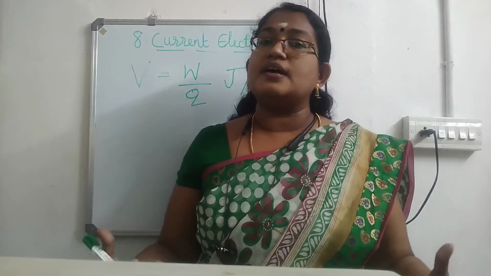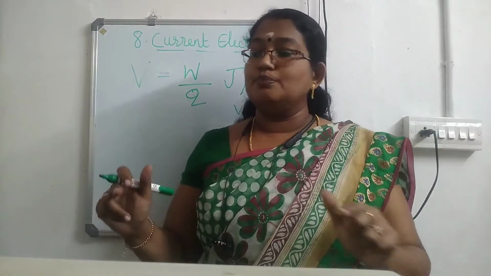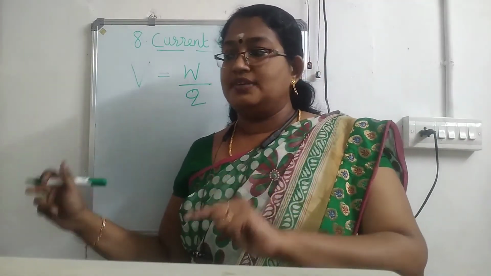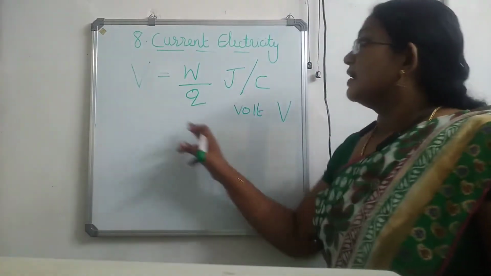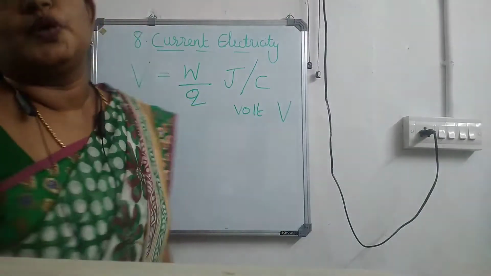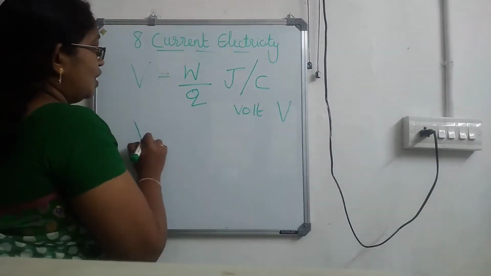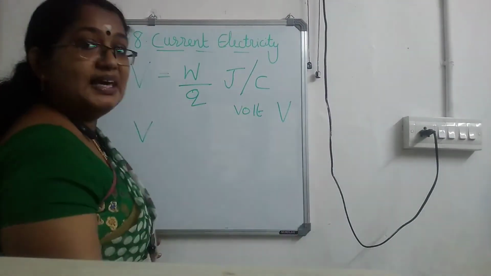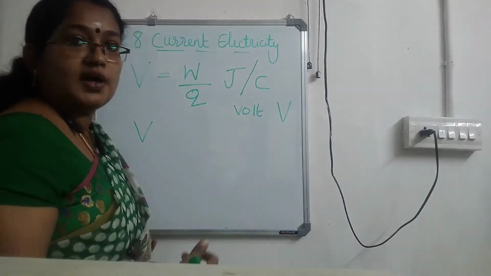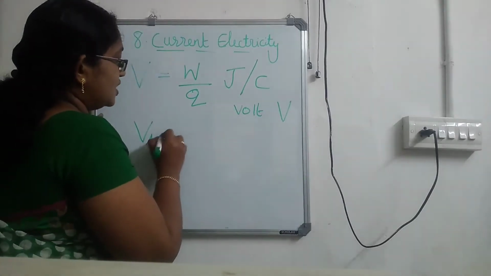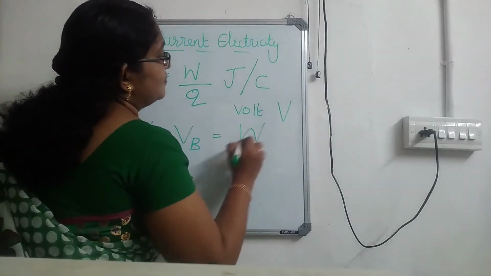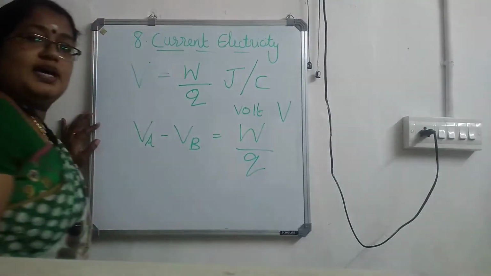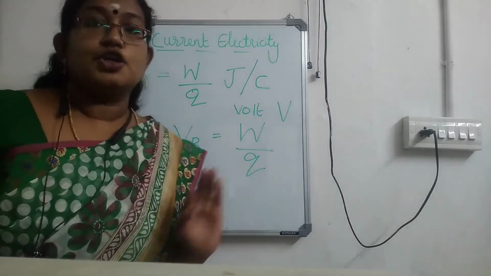So how much work has to be done in order to move a positive test charge from one point to the other point? That is known as potential difference. So if you are moving a charge from A to B, let A and B be the 2 points, then potential difference is VA minus VB. And here also it is the work done. We have the same equation, W by Q.